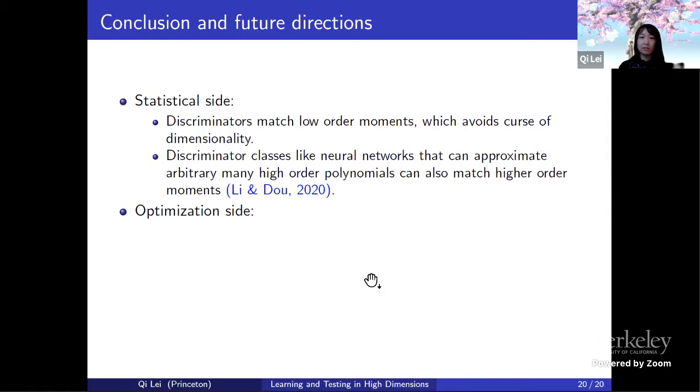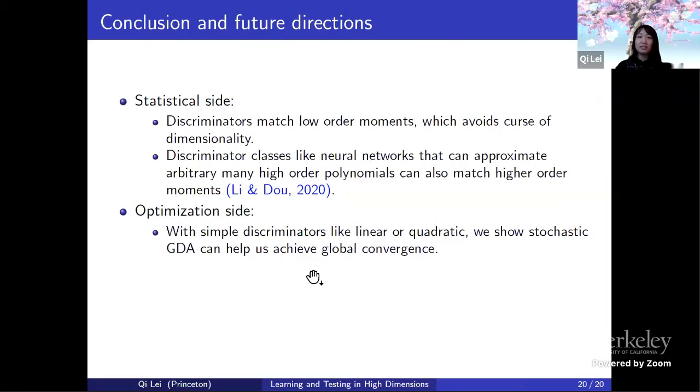And on the optimization side, we show that with simple discriminators like linear or quadratic functions, stochastic gradient descent ascent can help us achieve global convergence. And also adding a regularizer like WGAN does will stabilize the GAN training and make sure that simple heuristics work.